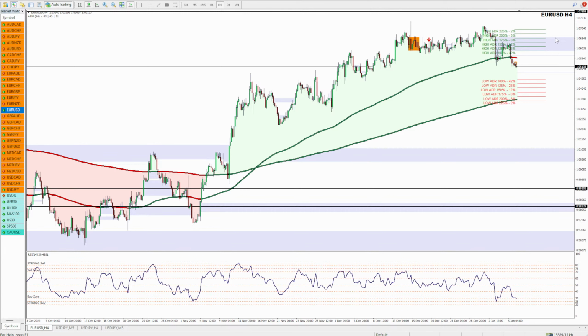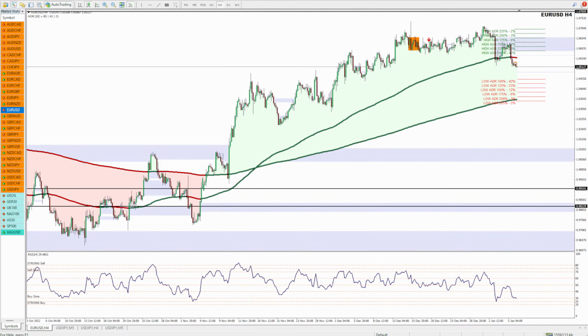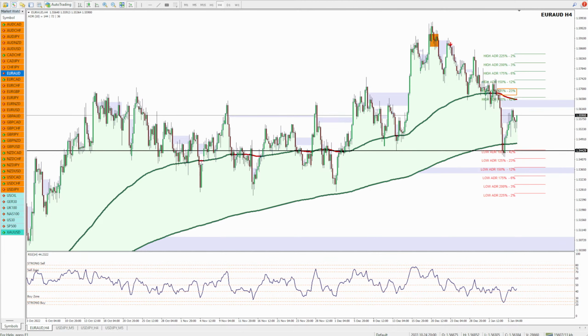US dollar, still green, but expected to be dropping. But the thing you've got to think about here is you've got a strong currency against a strong currency, which tends to cause range-bound activity or very slight trends in either direction.